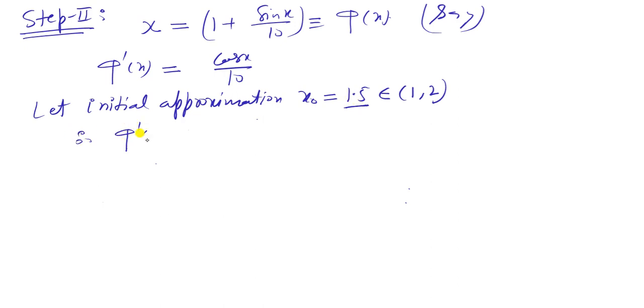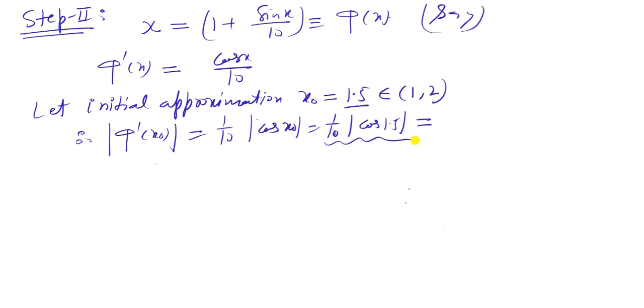So therefore mod phi dash x naught is equal to 1 upon 10 mod cos x naught, that is 1 upon 10 mod cos 1.5, and we compute the value of this expression with the help of the calculator.